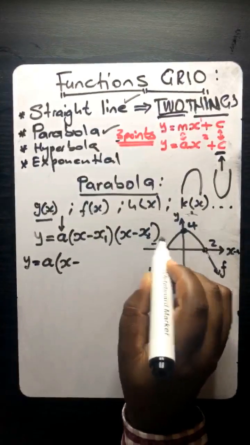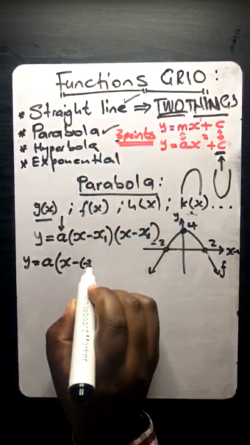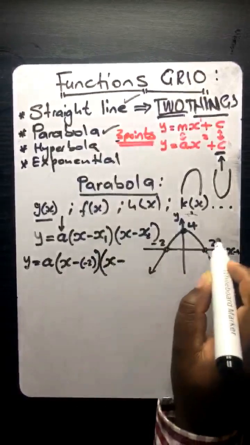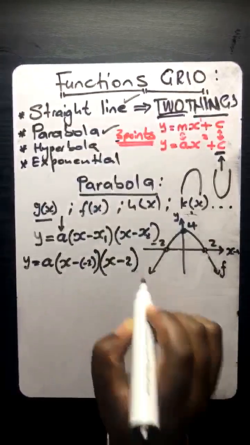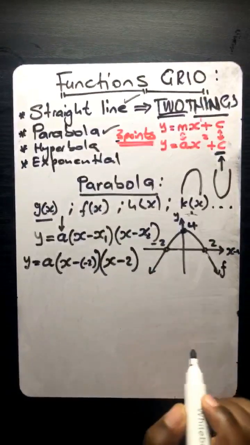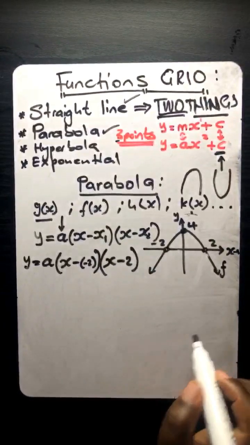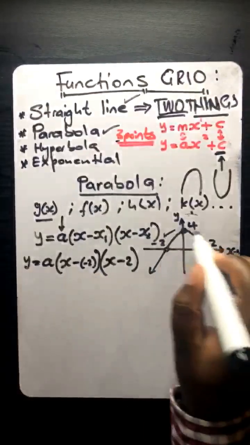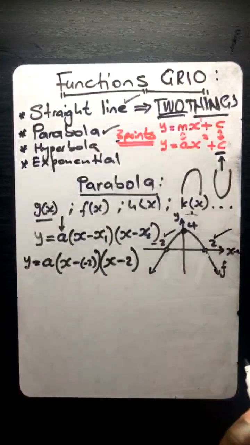You can choose the negative one, inside the brackets, -2. And then you say x minus, this one is +2, no need to put it inside the brackets. Do we have another point that we can use to substitute into that same formula? Remember, this is point number 1, point number 2. Do we have another point?